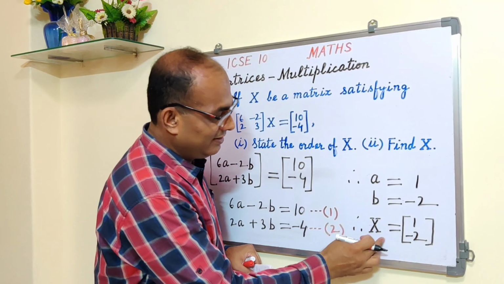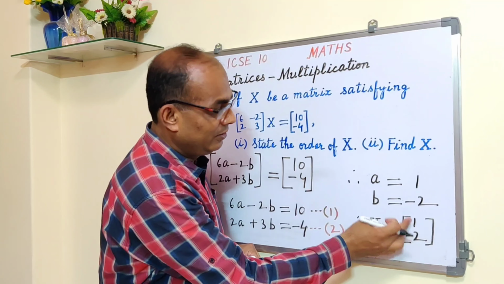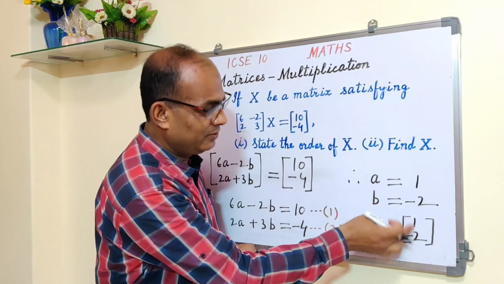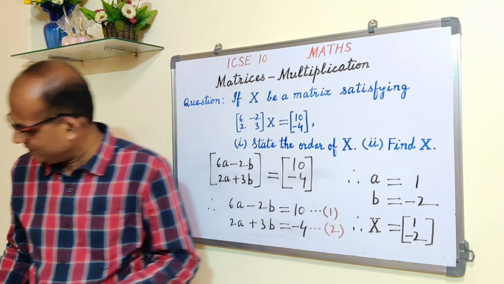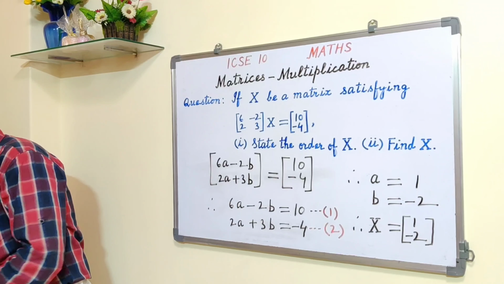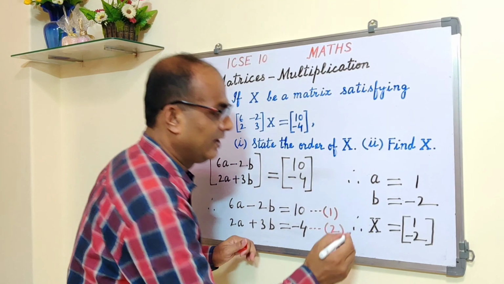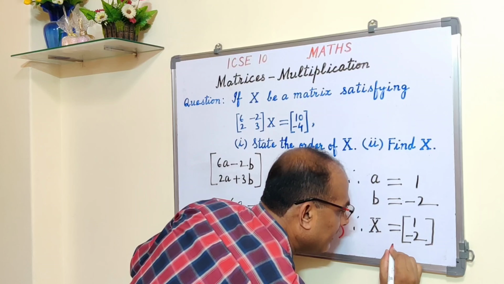So x is equal to AB, and the value of a is 1, that of b is minus 2. So 1 minus 2 is the answer. I hope it's clear. Do you understand? This is your answer.